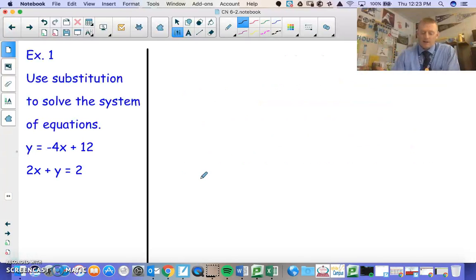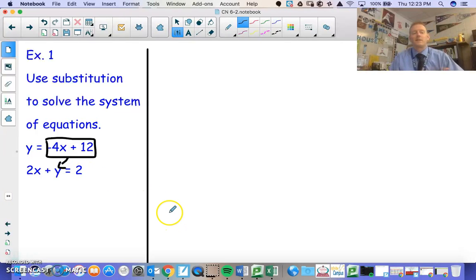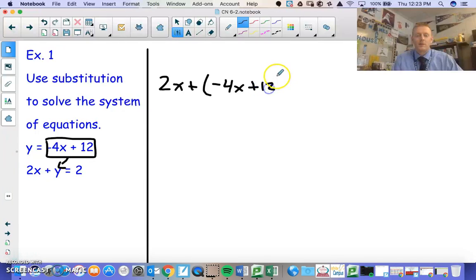All right, so let's get started with the first example here. You'll notice that one of our equations already says y equals, so step number 1 was to solve for it. It's already been taken care of for us. So we're going to plug this stuff in to the y of the other equation. So we're going to say 2x plus the other stuff that we're substituting in, which is negative 4x plus 12 in for y, and then it equals 2.